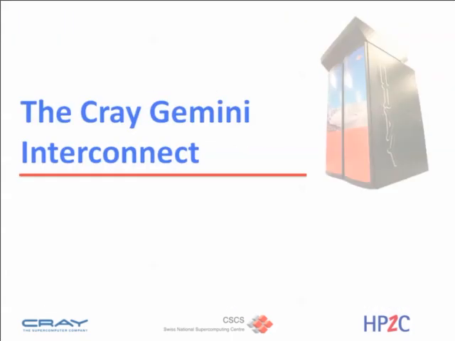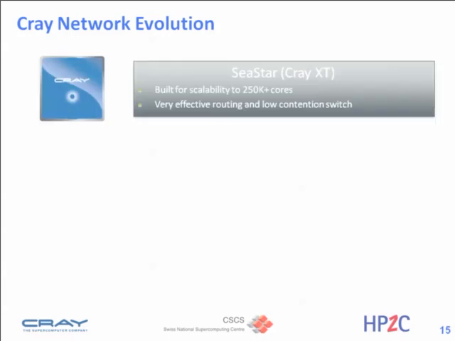Let's talk a bit about the interconnect. As I said before, Cray started again its MPP product line about 8 years ago. The first machine of this new series was done in collaboration with Sandia Labs, with this Red Storm architecture. And Sandia Labs had developed the interconnect design and the software that should run on this interconnect.